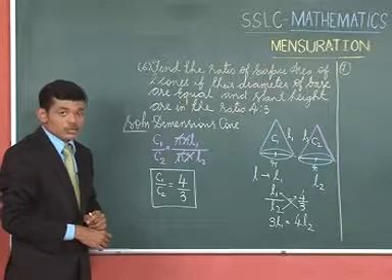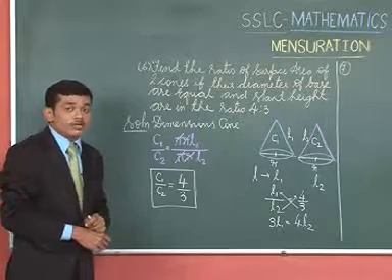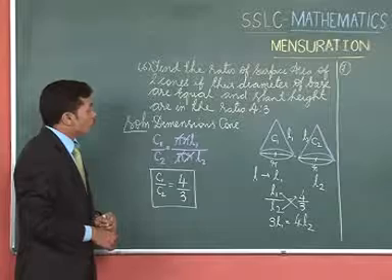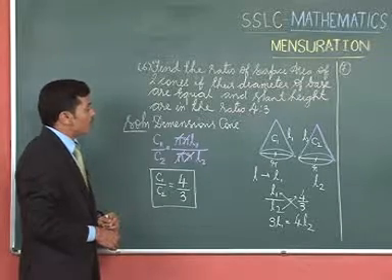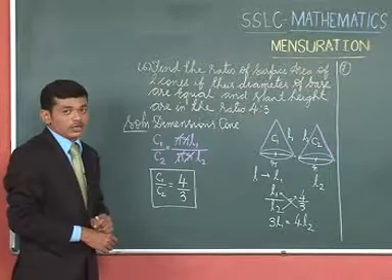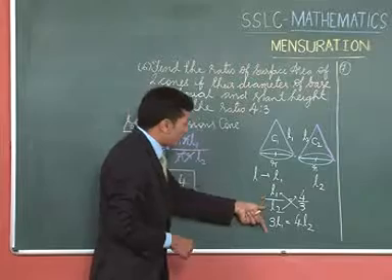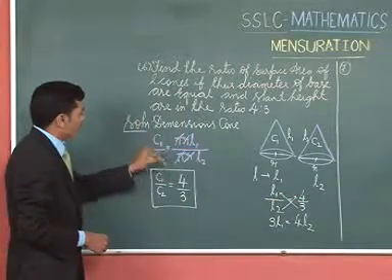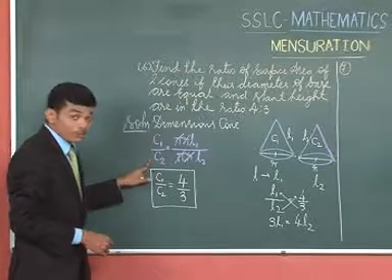So dear students, in the question we were asked to find out the ratio between the surface area of two cones with diameter both being the same and the slant height being in the ratio 4:3. For this we have written this ratio L1 by L2 is equal to 4/3 and we have substituted in this. So we have taken the ratio between C1 by C2 which we were asked to find out.